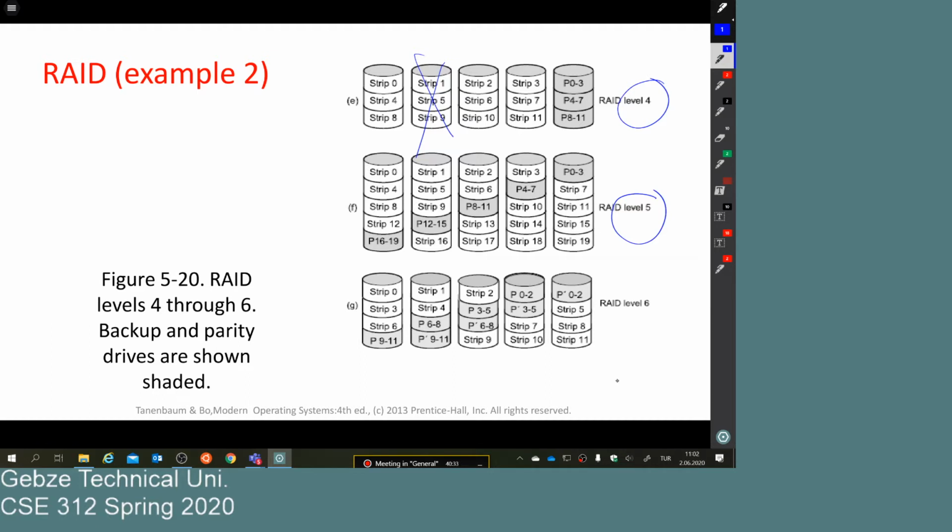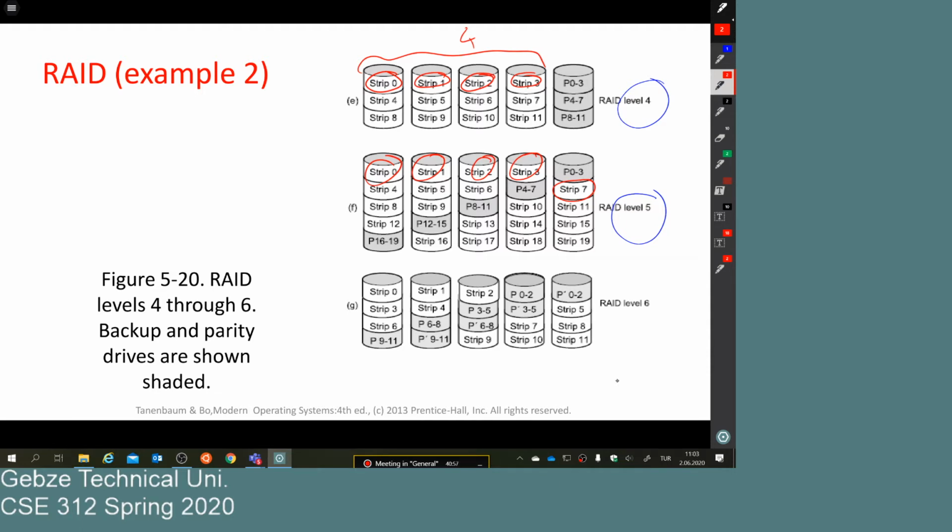Where is the useful data? In level 4, useful data is here, here, here, and here. Only these 4 disks contain the useful data. In this case, all five of them contain useful data.